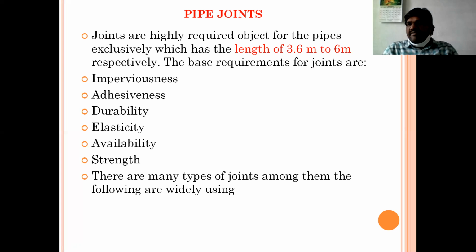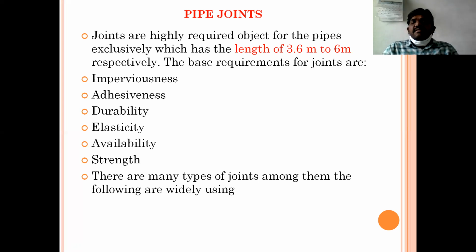If the pipe strength is not up to the mark, they may break. That is the reason it should have good strength. That means what we discussed: imperviousness, adhesiveness, durability, elasticity, availability, and good strength. All these factors must be considered once we are selecting joints.